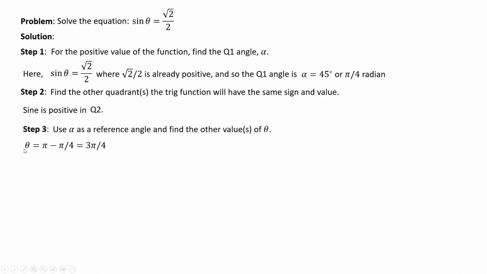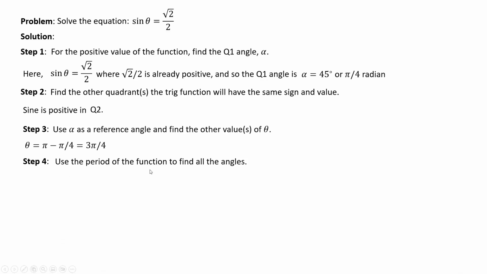Okay, and look at this. So theta is pi minus pi fourths. Isn't that how we use the reference angle to find the second quadrant angle? Pi minus pi fourths is 3 pi fourths. Okay. Now, step 4.